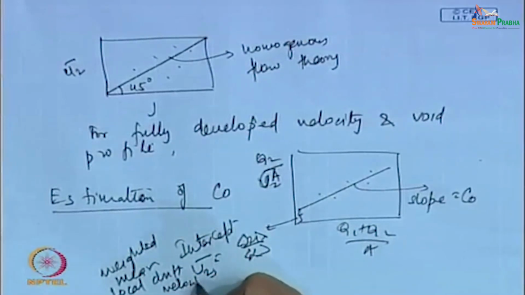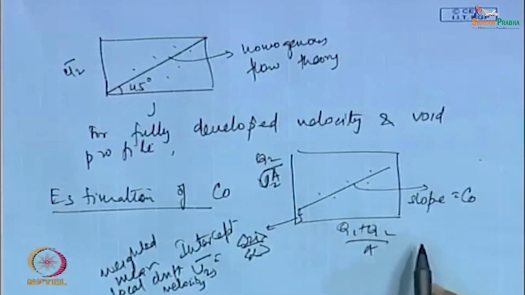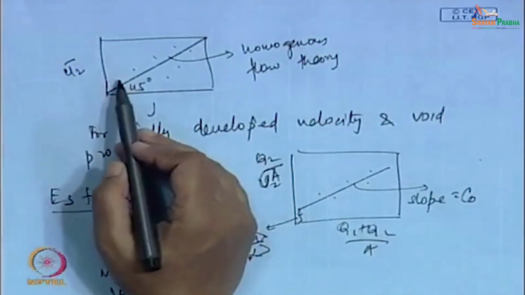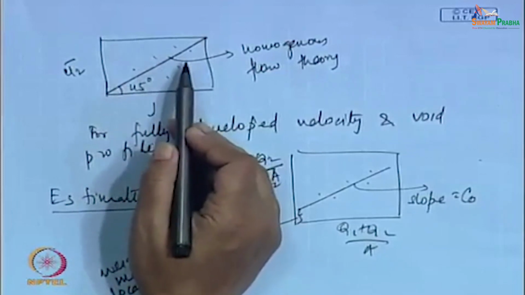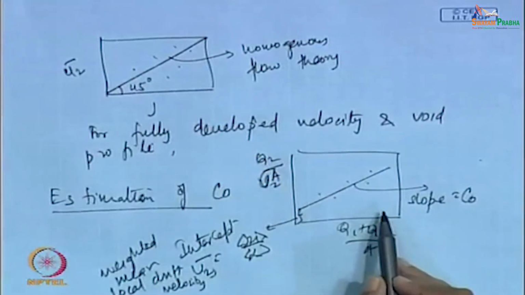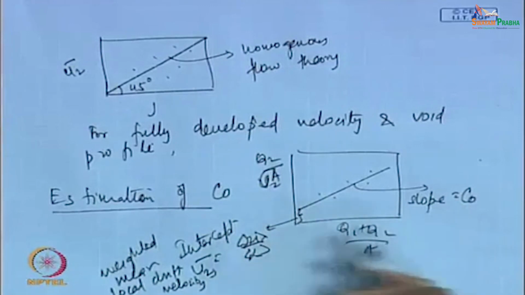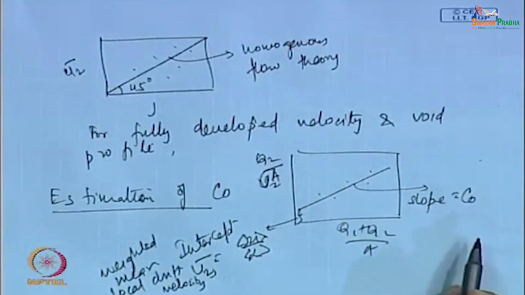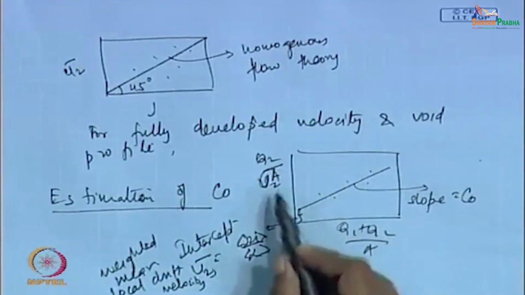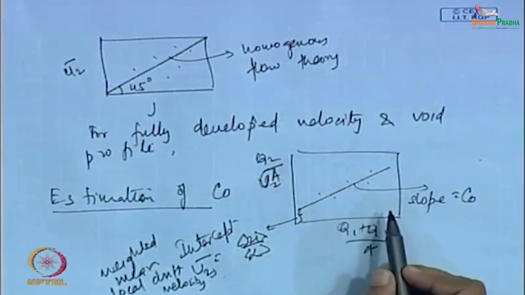So, this is one particular way by which we can find it out, and we have done it several times. Whenever we have to analyze experimental data, first we refer to such a plot, we find how much is the deviation. When we find the deviation is quite large, then we resort to this particular plot from where we can find out C0, we can find out u2j bar, and once we find these out, we can find out all the other parameters. But this is usually done for fully developed velocity and voidage profiles.